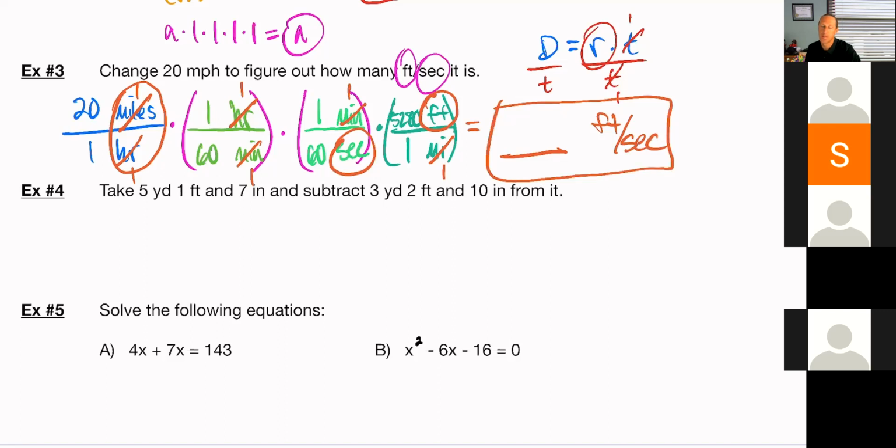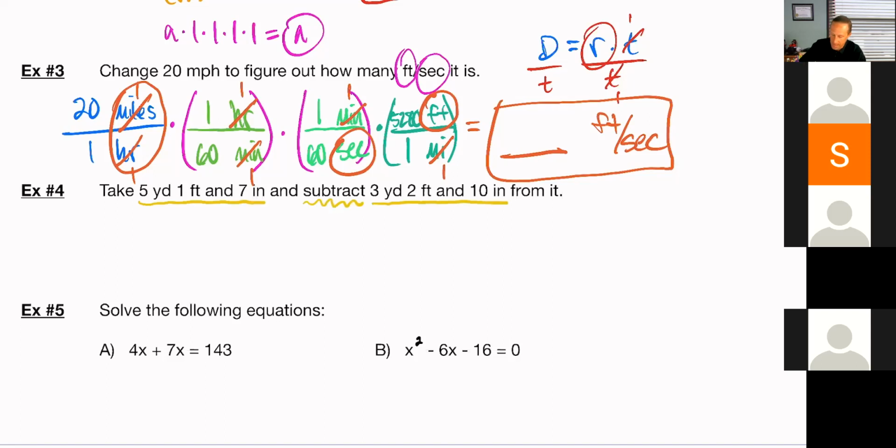So these are the types of things that we'll be doing, but in a different format, with angles and circles and triangles and all kinds of fun stuff. Another thing that we will do is taking something like this and either adding or subtracting something similar.